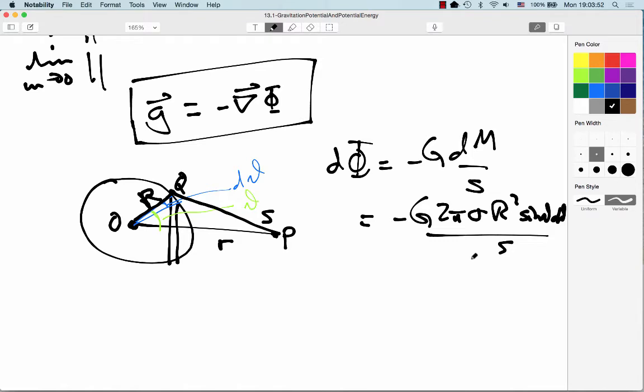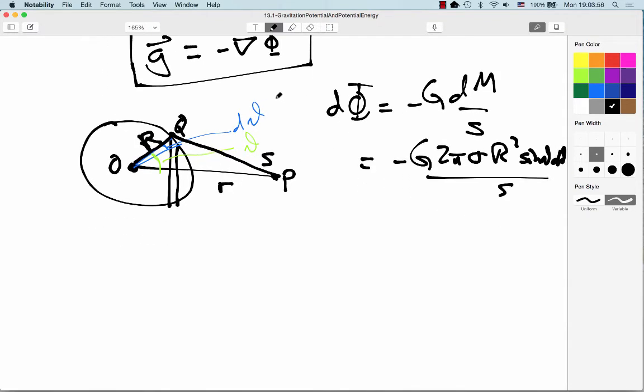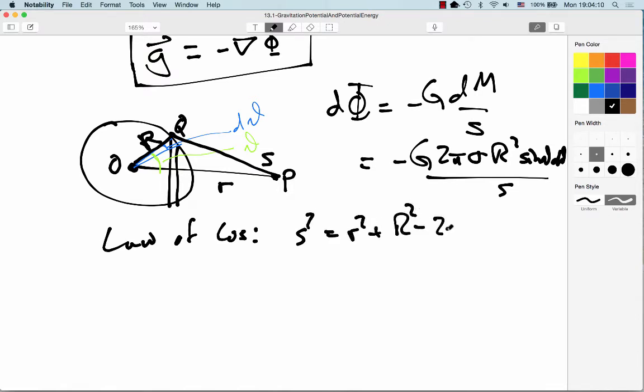And we still have to invoke the law of cosines. So s squared is equal to r squared plus R squared minus 2rR cos theta.